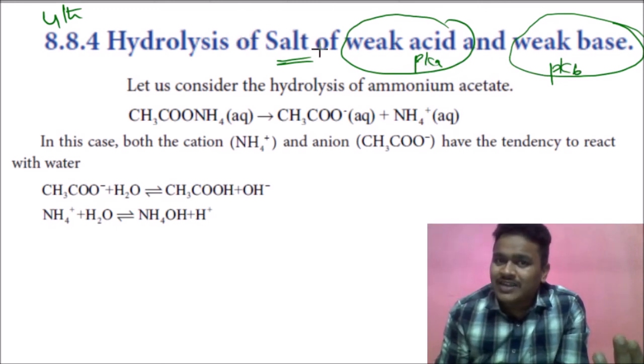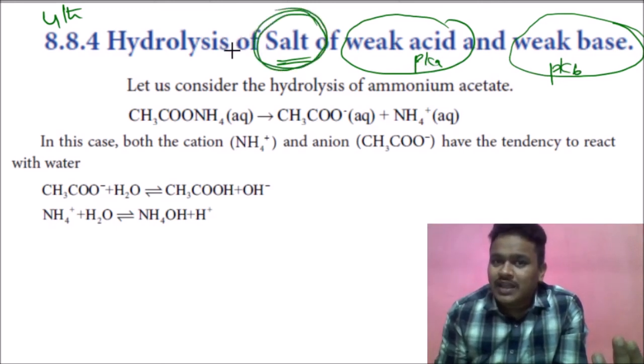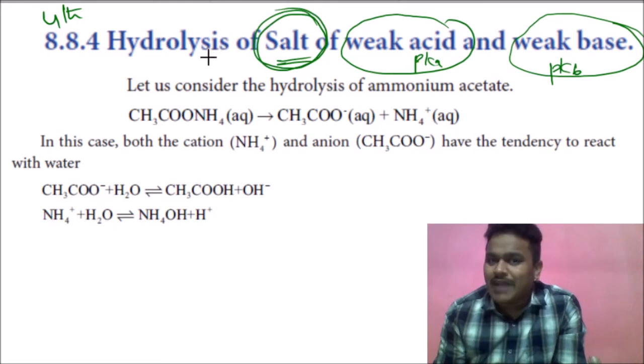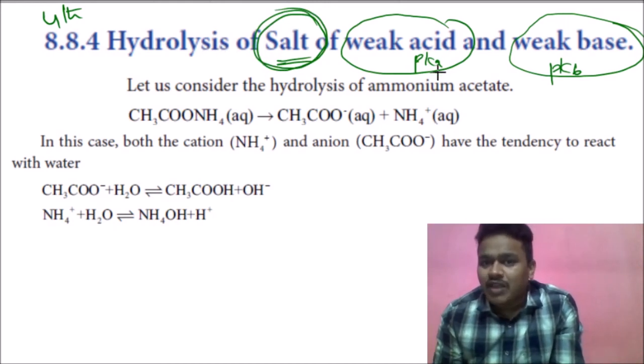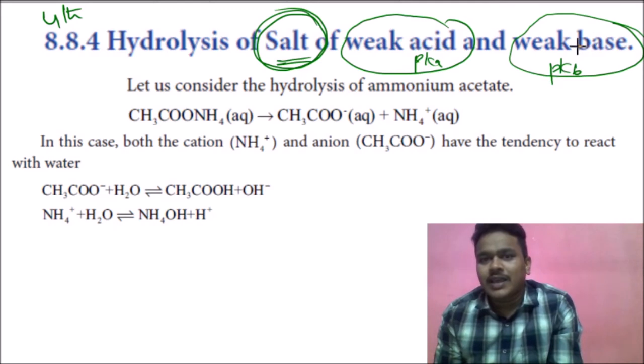Whether the resultant salt solution will be acidic or basic can be decided by the value of pKa of the weak acid and the value of pKb of the weak base. For example, in one case, pKa is greater than pKb for a salt solution of weak acid and weak base. At that time, pKa is greater, which means the resultant solution is acidic.